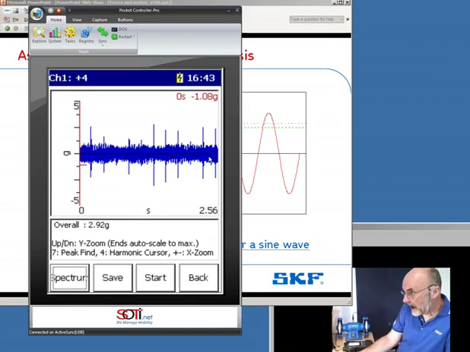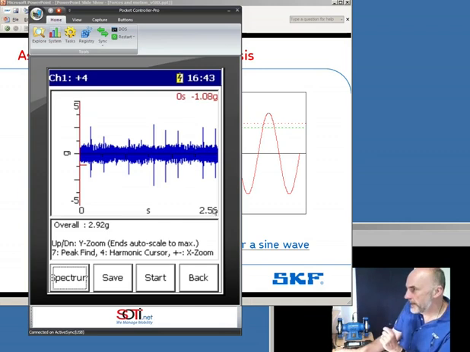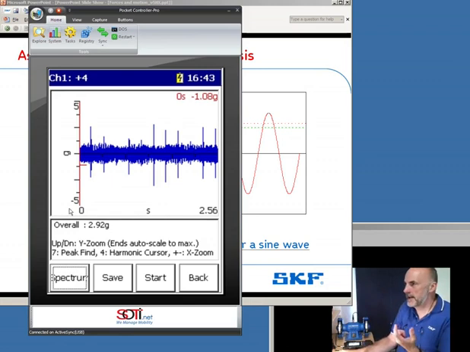On this display, there are something like 50,000 measurements over a 2.5 second period. So we've got 2.5 seconds, we've got 50,000 measurements across that time period, and it's going to do the RMS of those 50,000 readings.